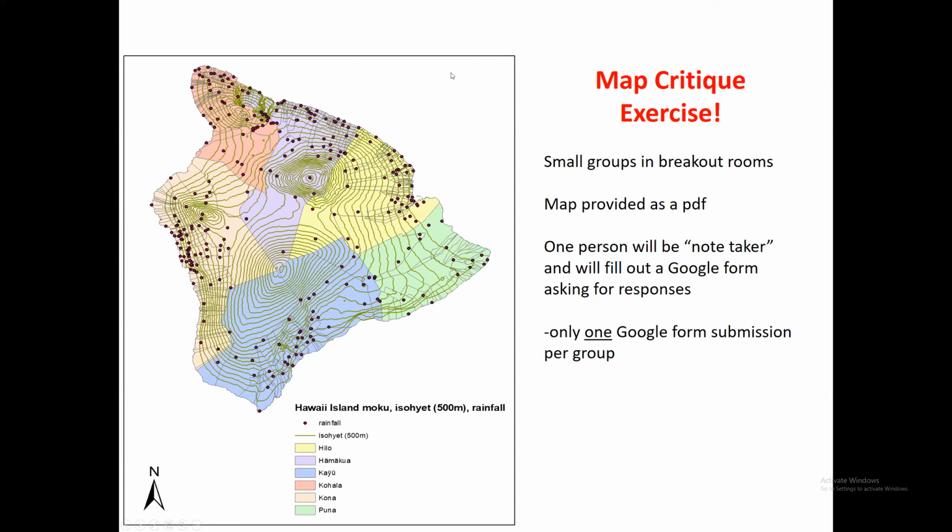So it depends on what your audience is and how familiar they are with the area. If this was a working map for Hawaii County or Hawaii DLNR folks to talk about rainfall and such, you probably wouldn't need an inset map, because the people are so comfortable and familiar with the island.